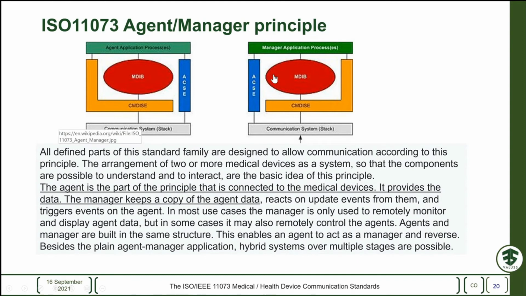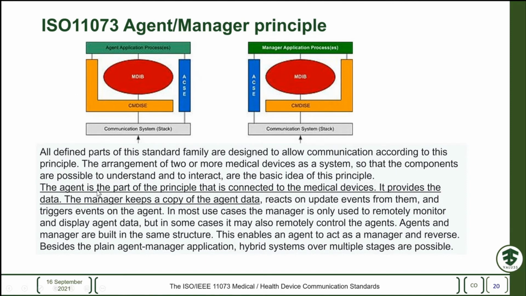It contains the information, not only of this particular medical device, but of as many agents as there are medical devices around the patient. So the medical device information base of the manager contains MDIBs from different devices.